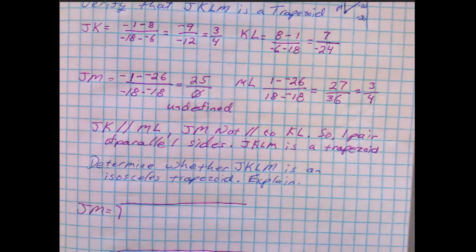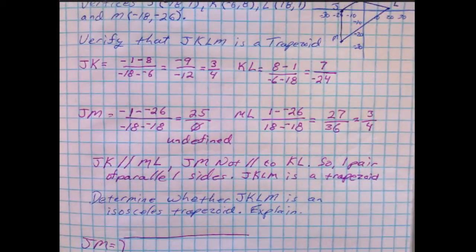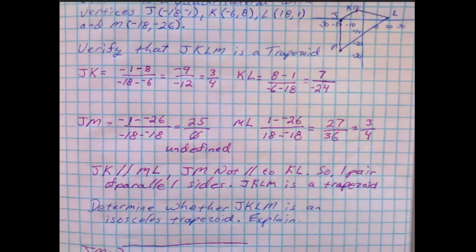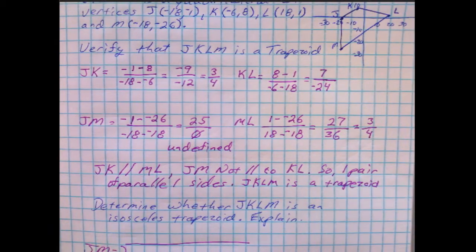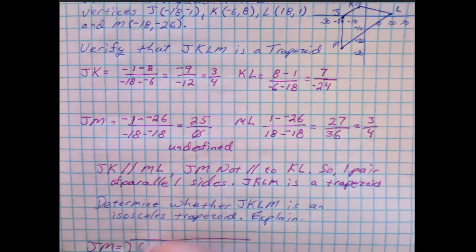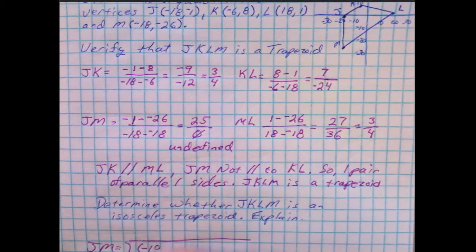Okay, so we're going to be looking at those coordinates again. I'll slide up here just a little bit. So J to M for our distance formula, we're going to be taking negative 18 minus negative 18.